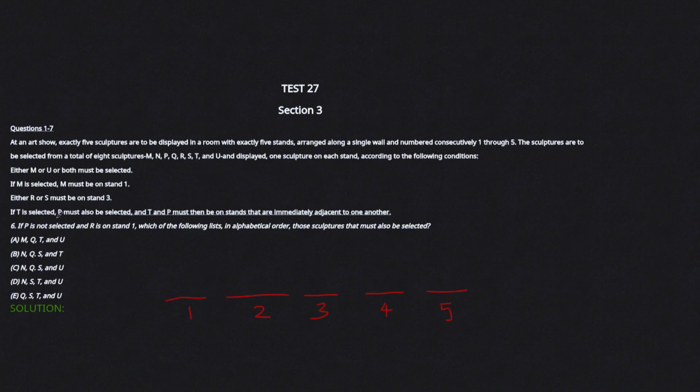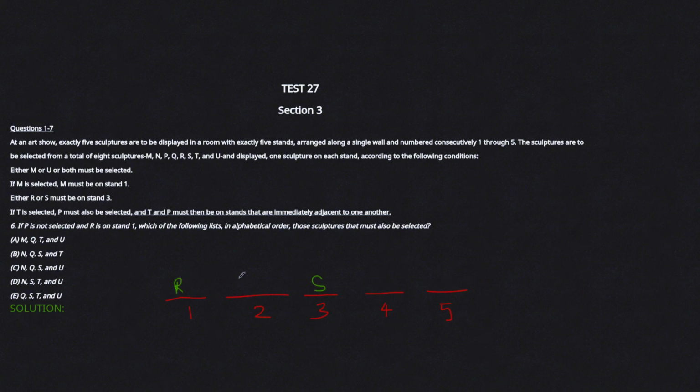Because if T was selected, P must also be included. But by this logic, T must not be selected. And then R is on stand 1. We know that. And from the condition here, R or S must be on stand 3. We know S has to be at number 3 because R is at number 1.